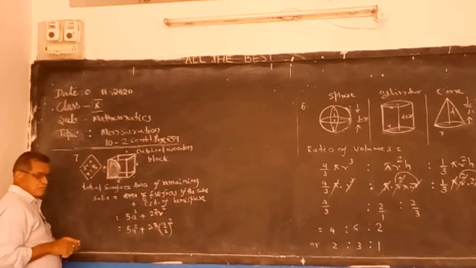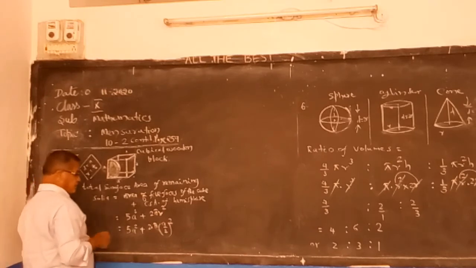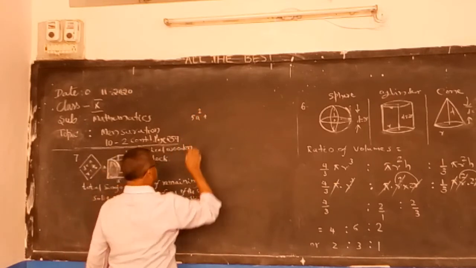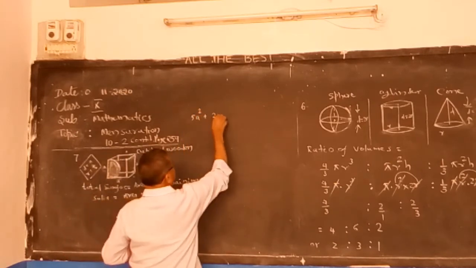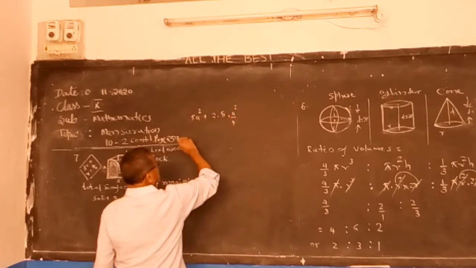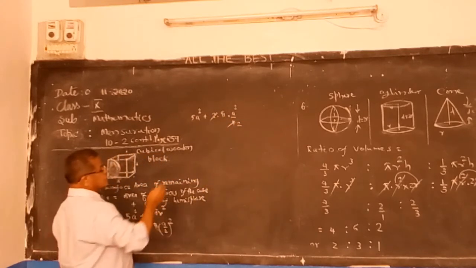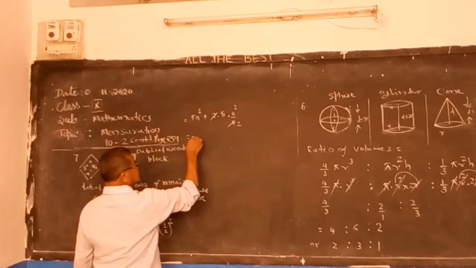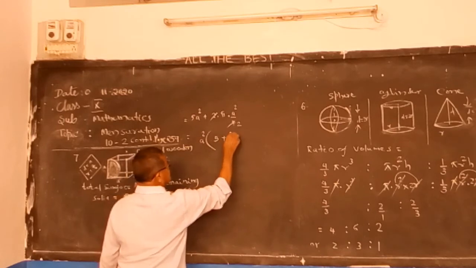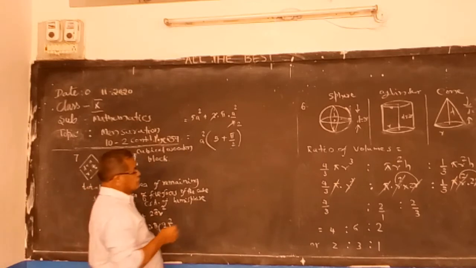Now simplify. 5a squared plus 2 pi a squared by 4. 2 ones are 2, 2 twos are 4. Taking a squared common, here remains 5 plus pi by 2 square units.